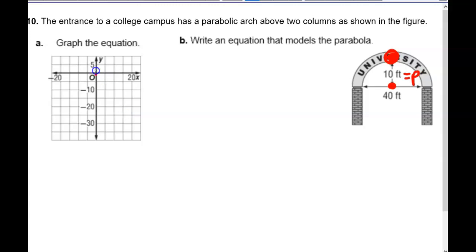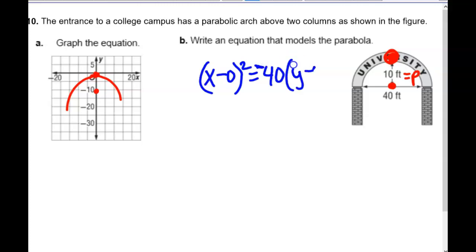If we pretend this is at the origin, and this is 10 and it's opening down, we'd have x minus 0 squared equals 4p, which would be 40. Uh-oh, but it's opening down. Yep, should be negative. And then y minus 0 there.